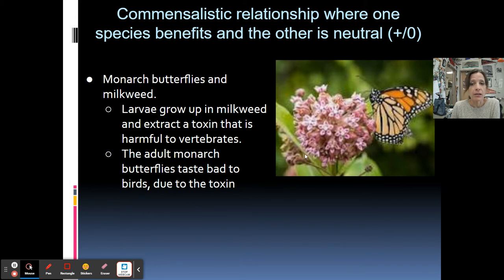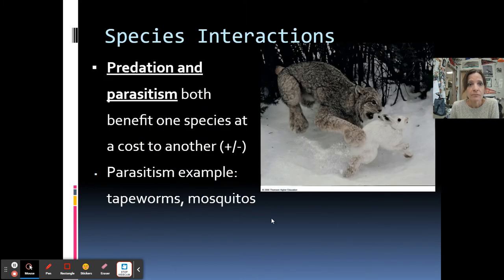It's not hurting or helping the milkweed that the larvae are extracting that toxin, because it can still produce enough for itself. But it is helping the adult butterflies so they don't get eaten by birds as much. So that's why it's a plus and then a neutral.